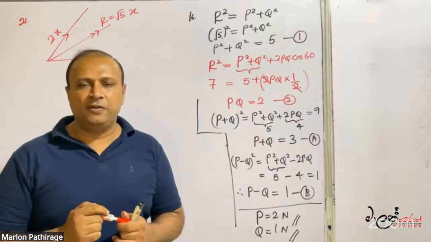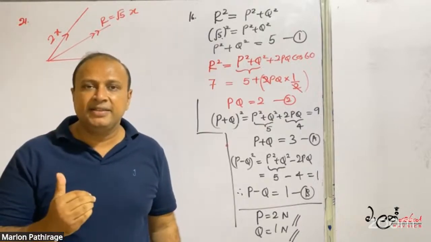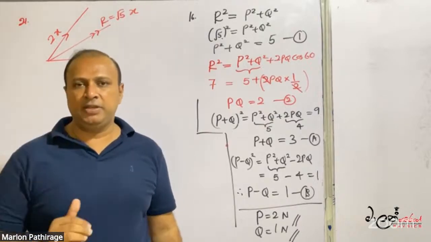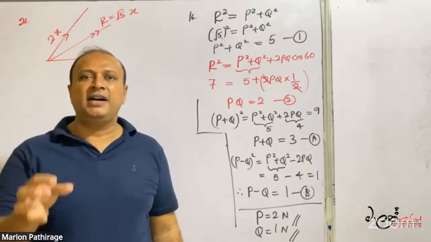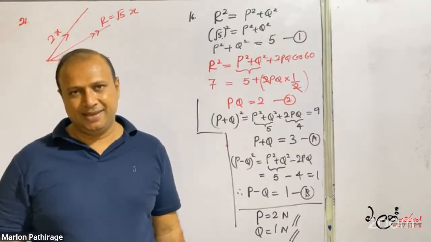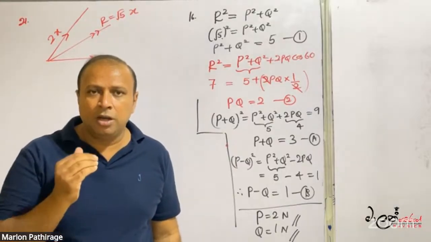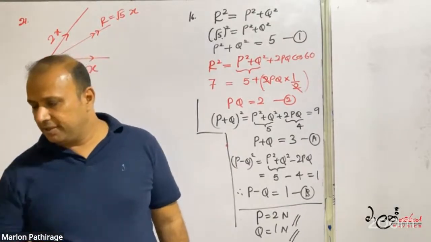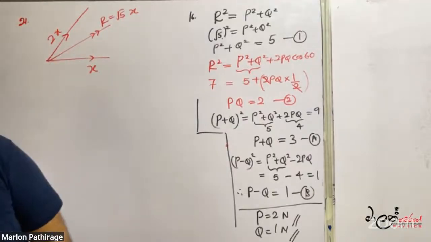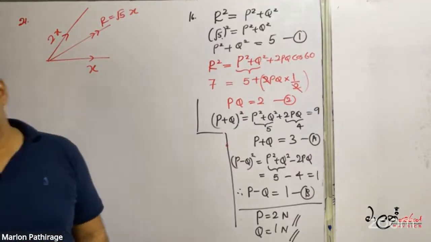The larger force is twice that of the smaller force. That means if the smaller force is x, the larger force is 2x. And the resultant force is equal to root 5 times the smaller force. Yes, the smaller force.